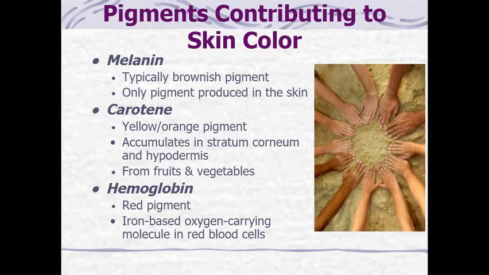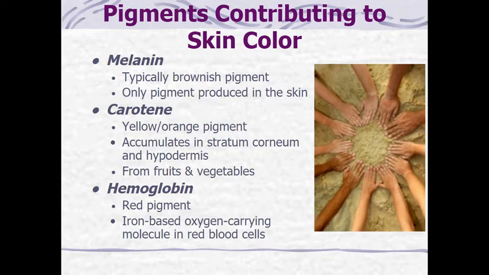Keratin actually contributes somewhat to our skin color as well. Keratin is a yellowish orange pigment, and this is found in fruits and vegetables. And so we get this pigment when we eat different fruits and vegetables containing keratin. Carrots, for example, are a big one that have keratin.